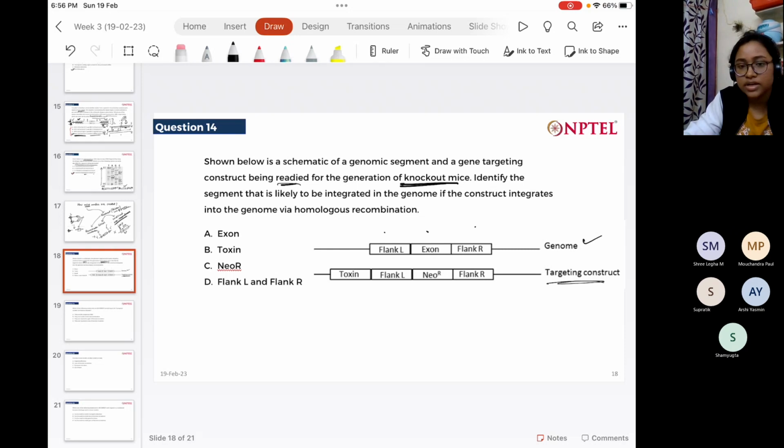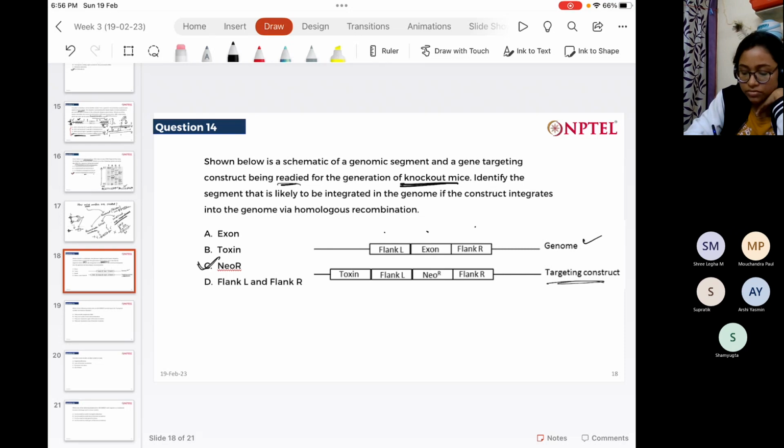What do you guys think is the correct answer? Archie, would you like to try? Neomycin resistance. Correct, you're correct.